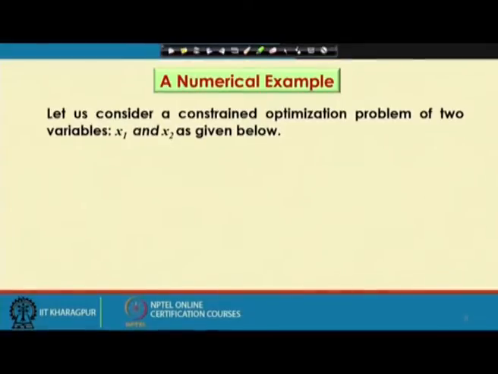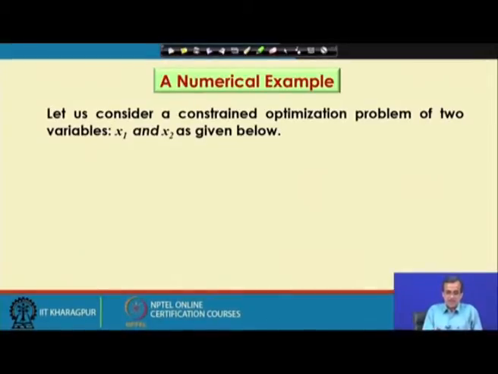Now, I am going to concentrate on a numerical example just to explain the method of this penalty function approach. I am going to consider a constrained optimization problem of two variables x 1 and x 2.